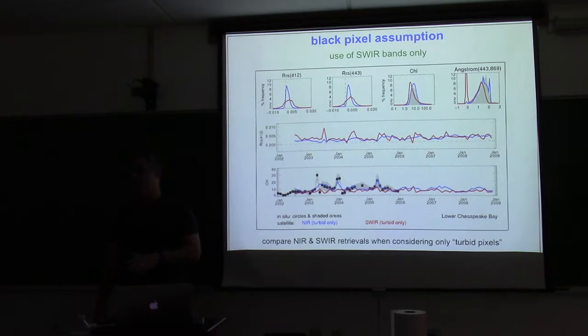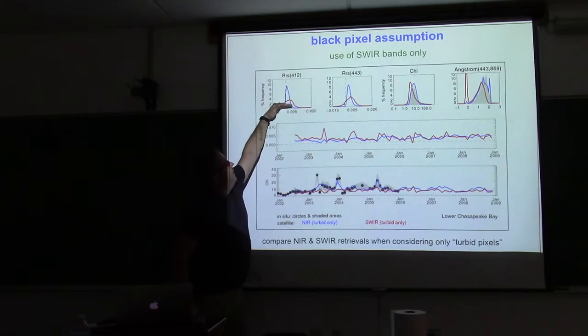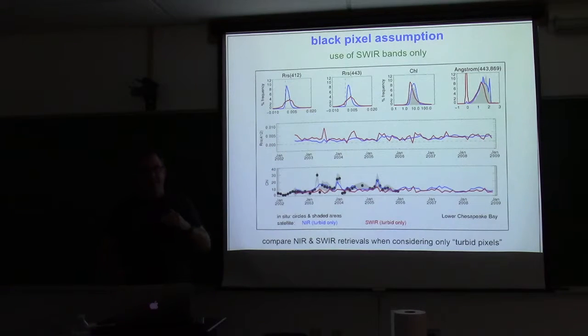And the signal to noise on these bands is so low that you're getting a lot of variability in your shortwave infrared radiances. And so what you're seeing here, this flattening of the curve, is simply the squishing and the spreading of the total signal based on noise introduced by these channels not being designed for this application.